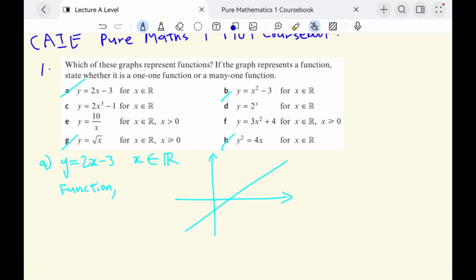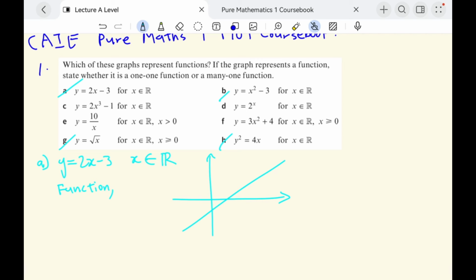But what is the type of the function? You can see that for different domains, it only has a unique range, a unique codomain. So here is your domain, and your y. Each different domain has a different range.